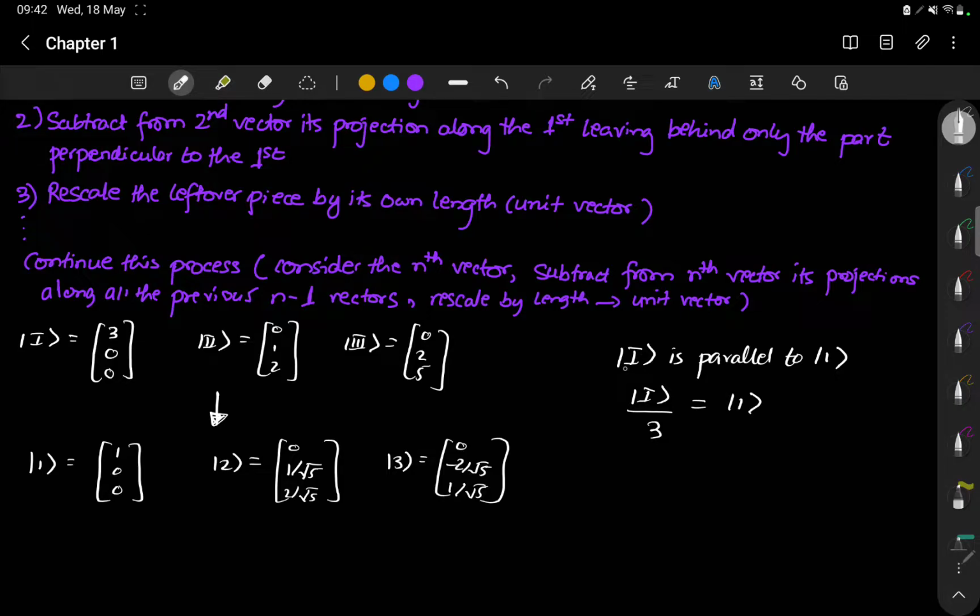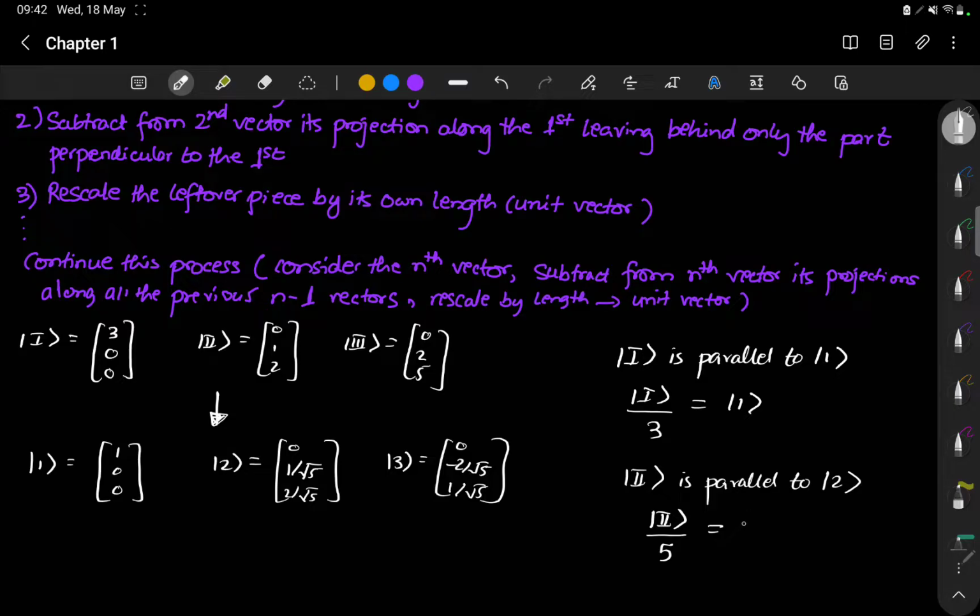So that means the Roman numeral 1 vector is parallel to the numeric 1 vector. Similarly, this is also true for the second vector, because again there is only a scaling factor separating these two vectors.